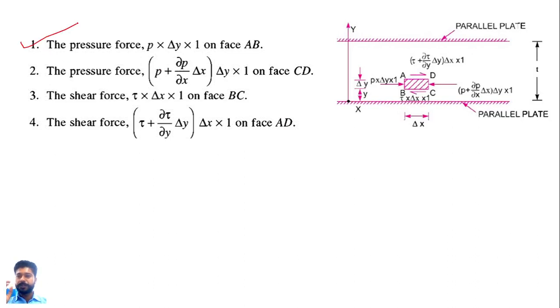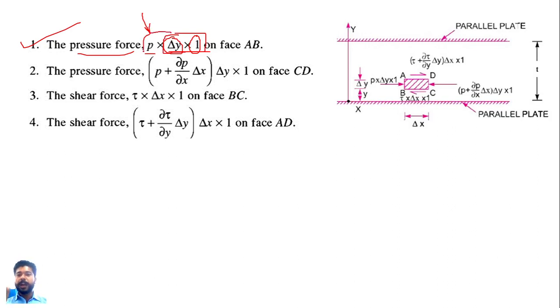The first force is the pressure force P, which is applied on the side AB. Here it is the pressure into the area. So P is the pressure, and the area is the height of AB, that is delta y, and the thickness of AB, which is unity. So the area of the side AB is delta y into 1, and P is the intensity of pressure.